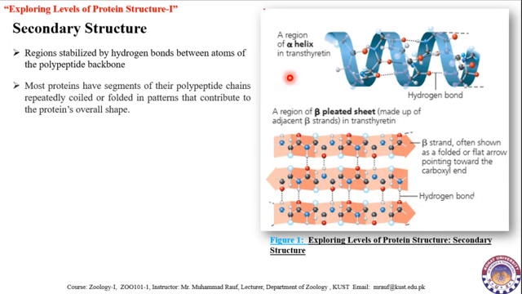In the alpha helix, the polypeptide is twisted and coiled like a DNA molecule, and there is interaction between the side chains of two amino acids lying in close proximity along the length of the helix.